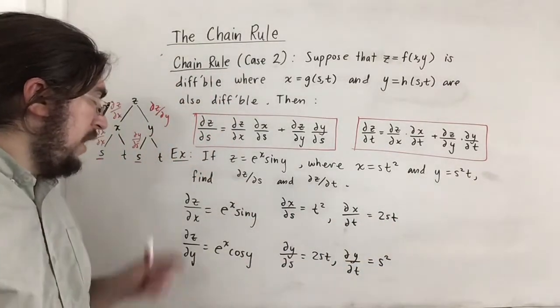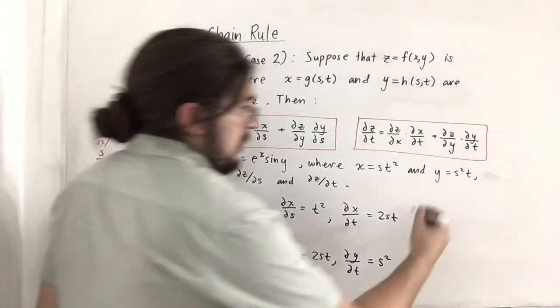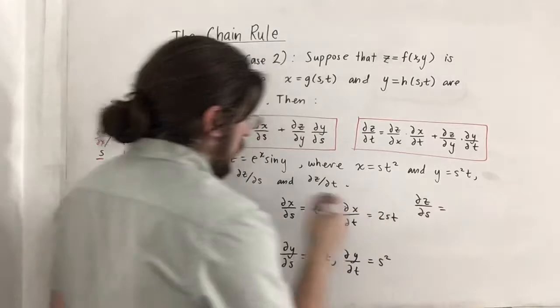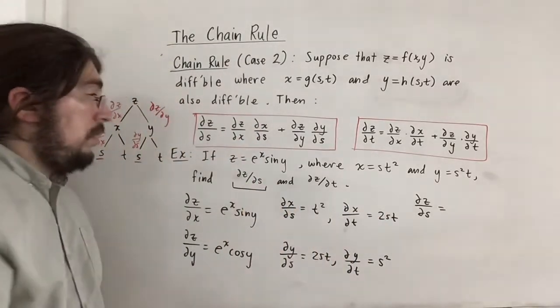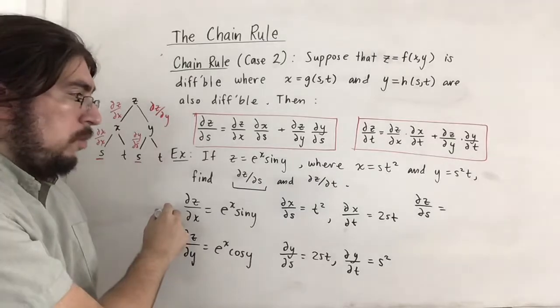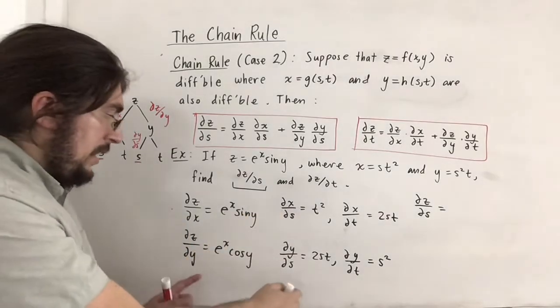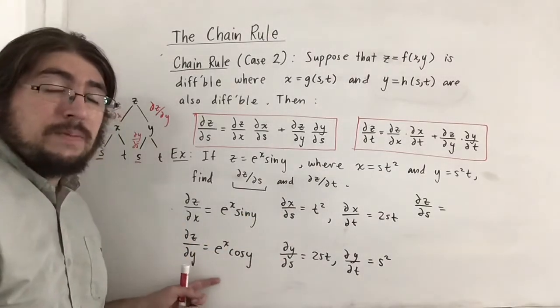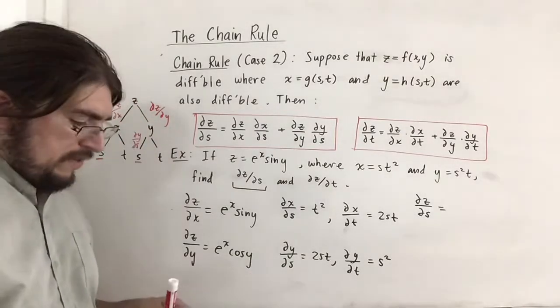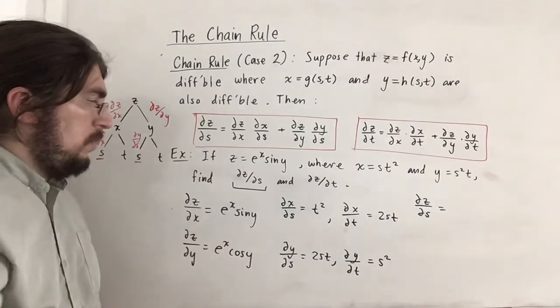And how can we find partial z partial s? That's one of the ones we want to find. Well, according to this, we need to multiply partial z partial x with partial x partial s, and add that to partial z partial y multiplied with partial y partial s. Which sounds like a bit of a nightmare, but it's just really selecting which ones to multiply.